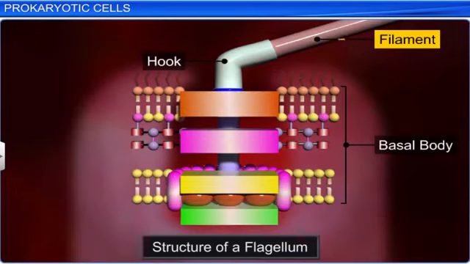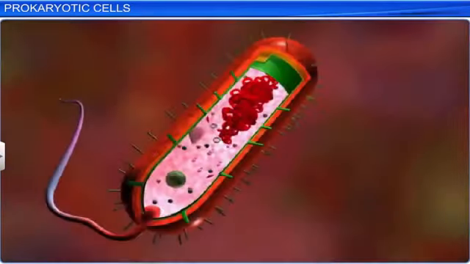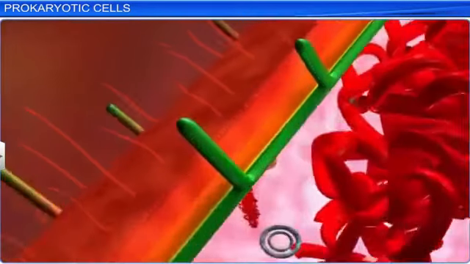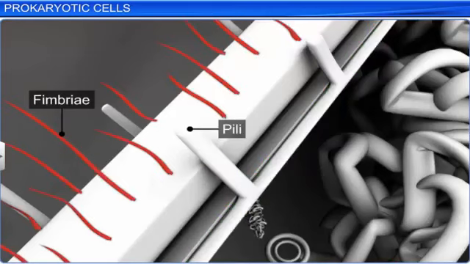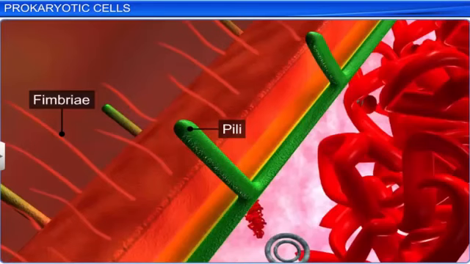Motile as well as non-motile prokaryotes also possess pili and fimbria, surface structures that attach the prokaryotes to rocks in streams and also to host tissues. While pili are elongated tubular structures made up of a special protein called pilin, fimbria are tiny bristle-like fibers sprouting out of the cell.